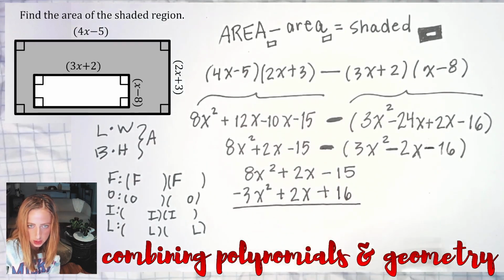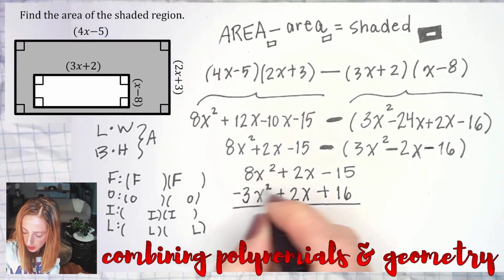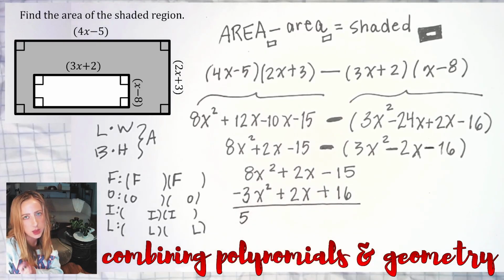I draw a line to show myself this is where I'm setting up my next step. This right here, adding and subtracting is counting. Nothing about the x or the x squared changes. You're counting how many x squareds you have, how many x's you have. Adding and subtracting is counting. You don't change the thing you're counting.